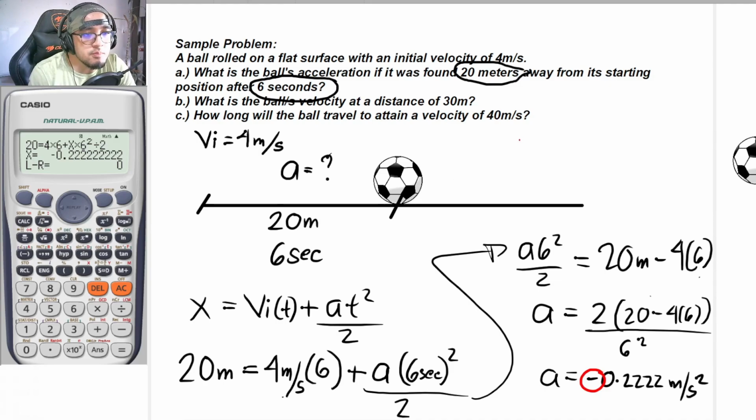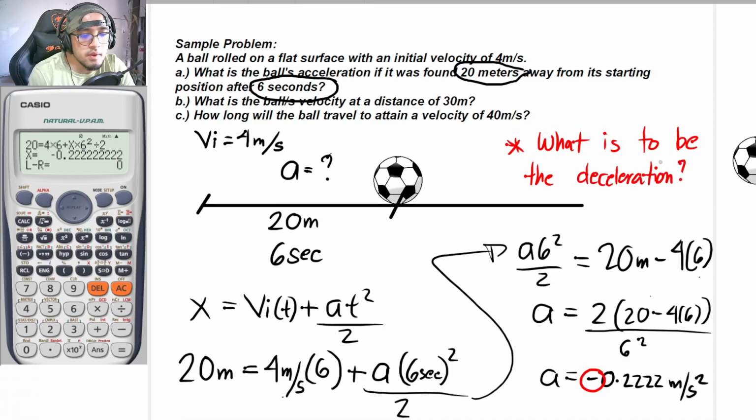Okay, so suppose that in the question, what is being asked is, for example, the deceleration. If your answer is this one here, your deceleration should be positive 0.2222 meters per second squared.